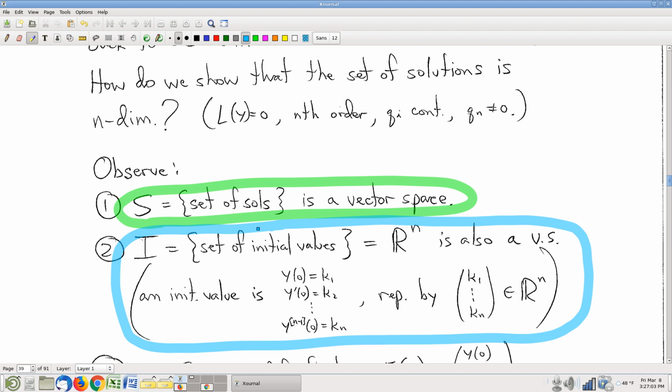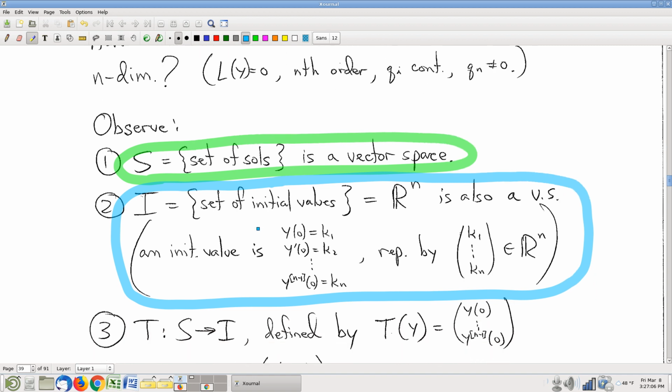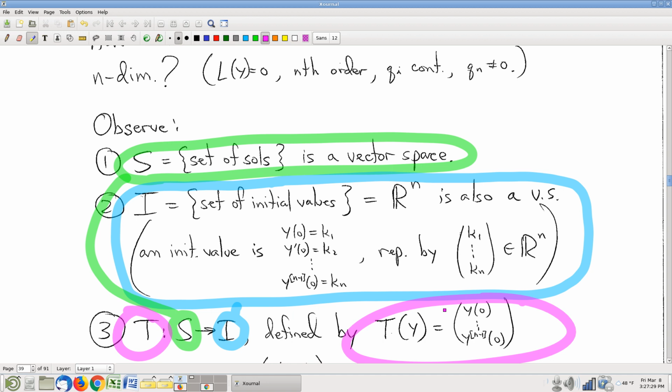All right, and with those vector spaces being defined, I would like to now make an important new object, and that is a linear transformation from the set of solutions vector space to the set of initial conditions vector space. This new linear transformation that I'm defining is defined by the following formula, and ultimately a very easy formula.